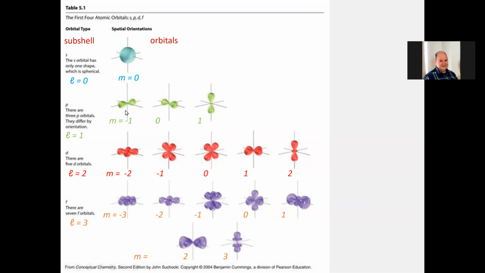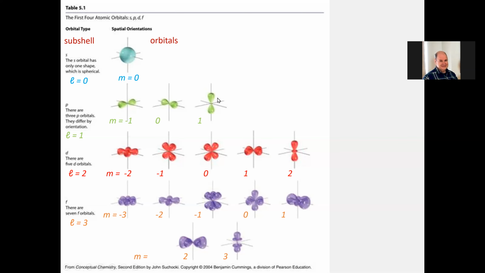When you go to the next subshell, now we have 3 orbitals, and they're oriented differently in space. They look like dumbbells. One can be oriented along the x-axis, one along the y-axis, and one along the z-axis. What are these shapes? These shapes represent the square of the wave function.